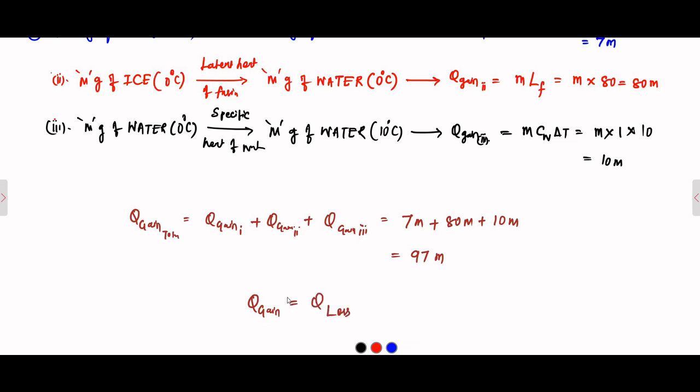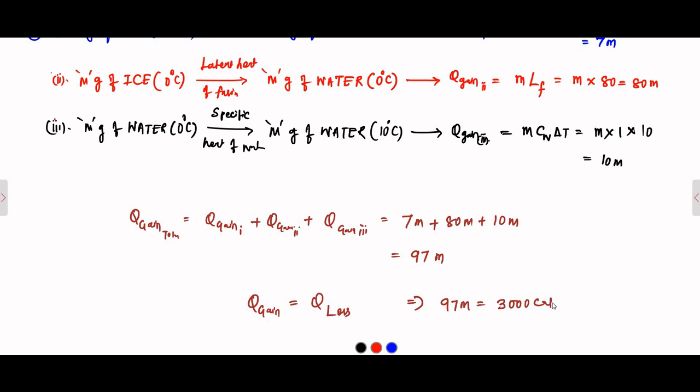Now the loss of heat in 200 gram of water at 25 degrees Celsius to 10 degrees Celsius is equal to the gain in heat of ice at minus 14 degrees Celsius to 10 degrees Celsius. So that implies 97m is equal to 3000 calorie. What is 3000 calorie?